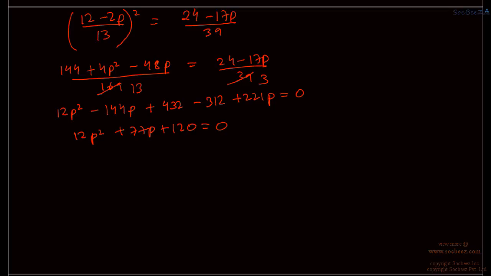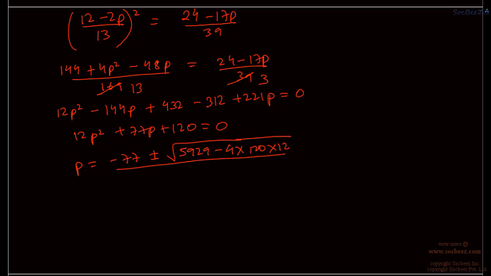So now I have a quadratic equation in p. So I can just solve it for p and I'll get my values of p, right? So p now is minus 77 plus or minus the square root of, what is 77 squared? Okay, so 77 squared is 5929 minus 4 times 120 into 12. The whole thing divided by 24.